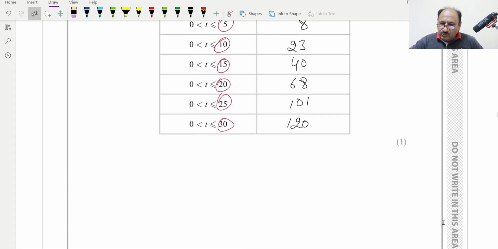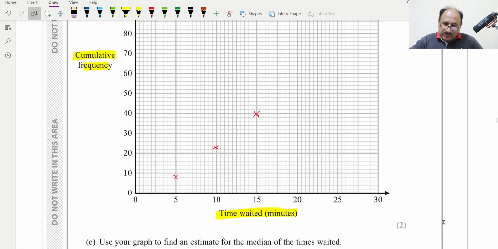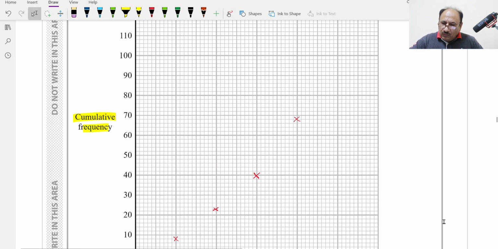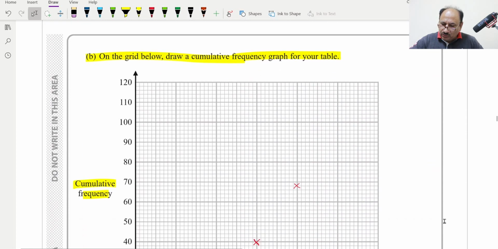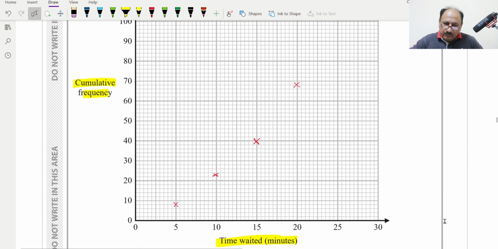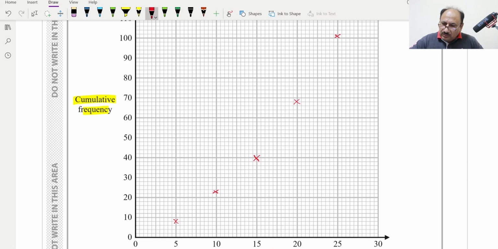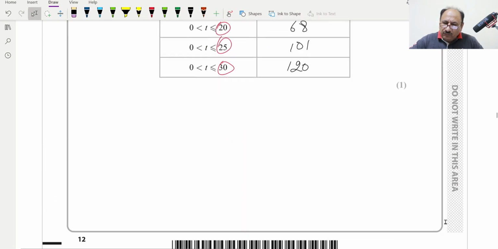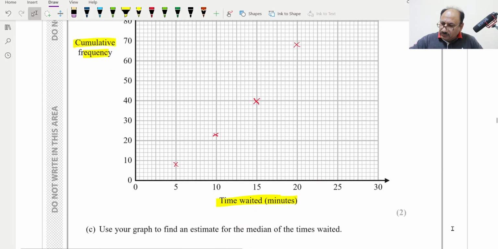For 20 it is 68, so 68 will be over here. Hopefully you are understanding each and everything. Then for 25 it is 101, and for 30 it is 120, so the final mark will be this one.